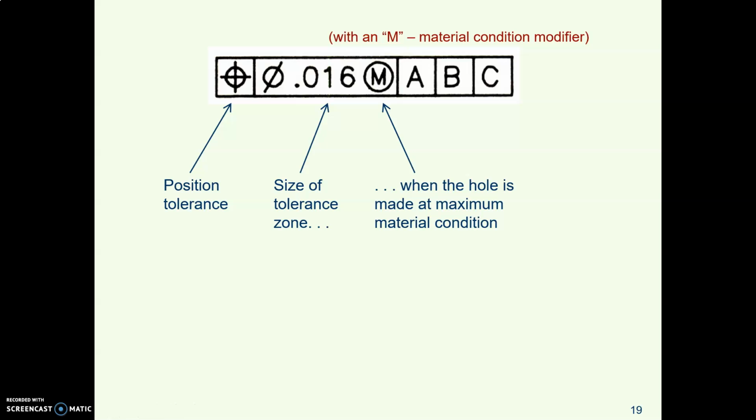And by the way, when you make a hole that's bigger than maximum material condition, you can get a bigger tolerance zone. You'll get a bonus tolerance. And then at the end, contact surface A first, then contact surface B, finally contact surface C when you're setting up to inspect this thing.